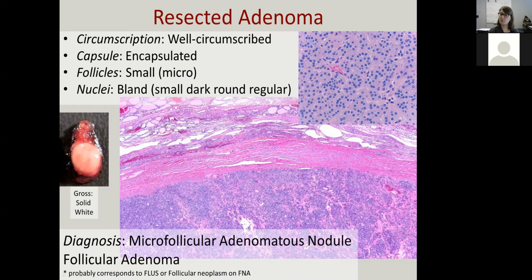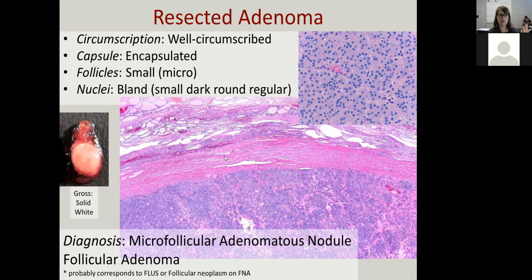These usually correspond to FLUS or even follicular neoplasm on FNA. But of course, as you know, the main need is to differentiate between follicular adenoma and follicular carcinoma.